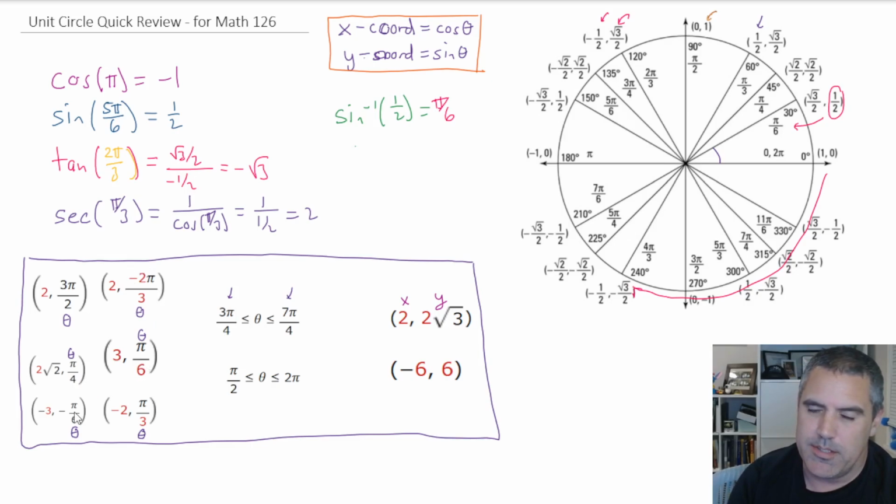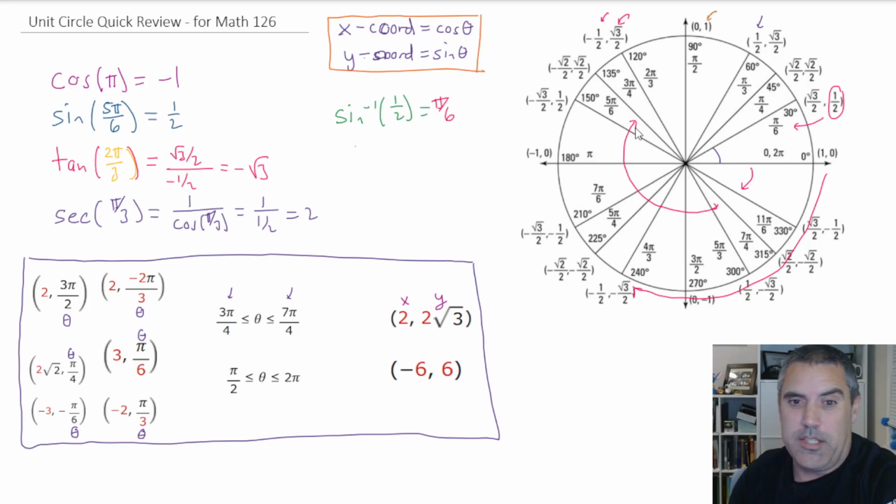Pi over 4, we know what that is. Negative pi over 6 is actually the same as 11 pi over 6. 7 pi over 4, we don't want that to scare us. This is saying from 3 pi over 4 to 7 pi over 4. So you can see if you know your unit circle, these are not saying something that fancy. But if you don't know your unit circle, these are hard.